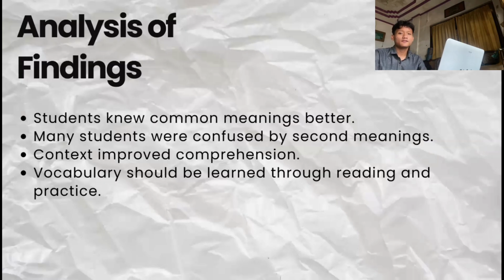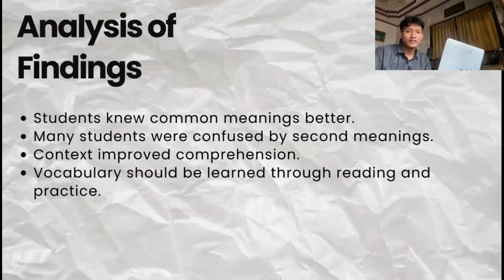In my opinion, this finding is very relevant to English learners, including myself. Sometimes we only memorize one meaning of a word without learning how it is used in different situations. As a result, we may misunderstand what we read or hear.